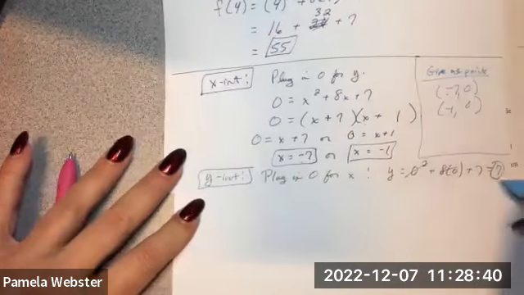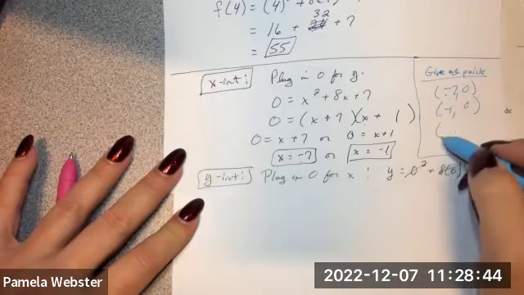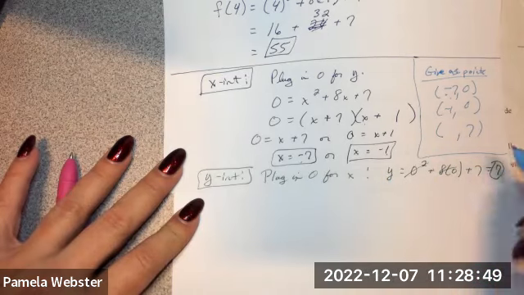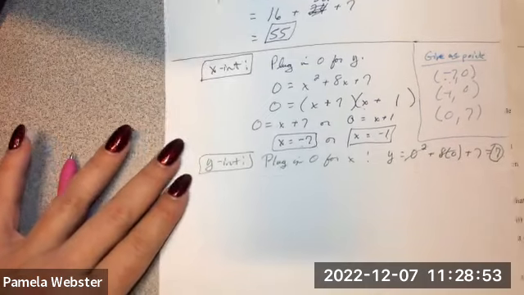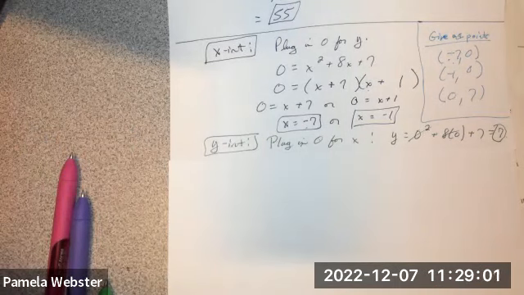And then this guy was y equals 7, so it would be (0, 7), and remember to get that, I plugged in 0 for the x. So it's possible you might be asked to give those as points. If you don't completely follow directions, you might lose a point for that. But if you get to the -7, -1, and y-intercept is 7, I'm going to be really happy with you.